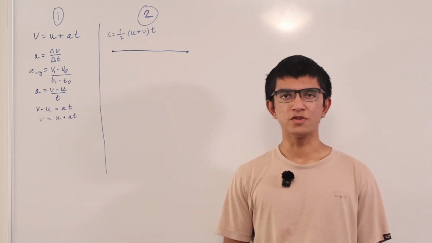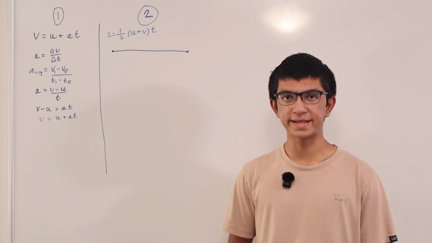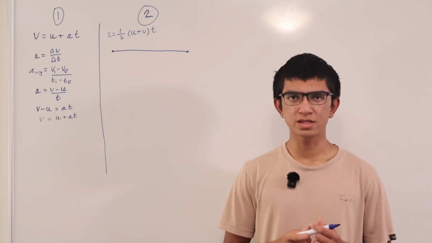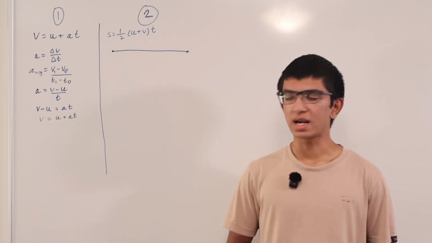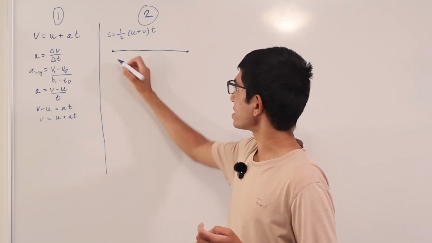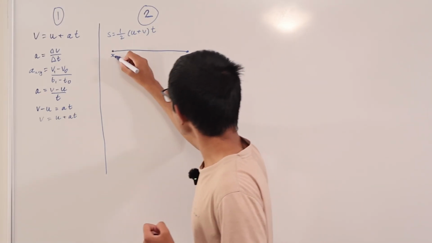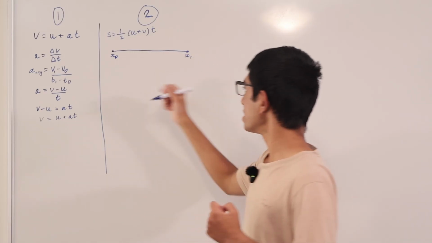This is the second SUVAT equation. s is equal to a half times u plus v times t. Now, to get to this, we'll first need to look at an example to make this easy to understand. Let's say I'm running along a straight track, and this track has a starting point at x0, and I end at x1.